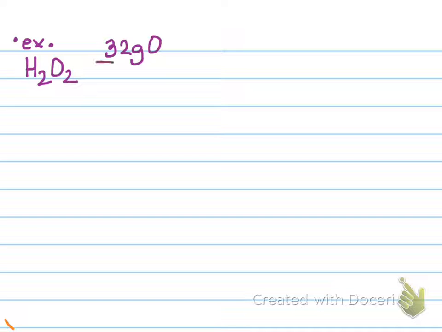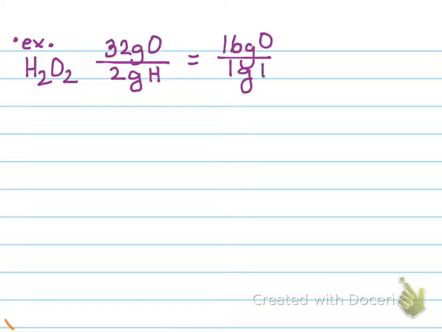For hydrogen, the atomic mass on the periodic table is 1, and there are two hydrogens, so that makes 2 grams of hydrogen. That's not the lowest whole number ratio, so I'll make it the lowest whole number ratio, which is 16 grams of oxygen to 1 gram of hydrogen. This says that in all hydrogen peroxide, anywhere you find it in the world, the mass of oxygen to hydrogen is 16 to 1.